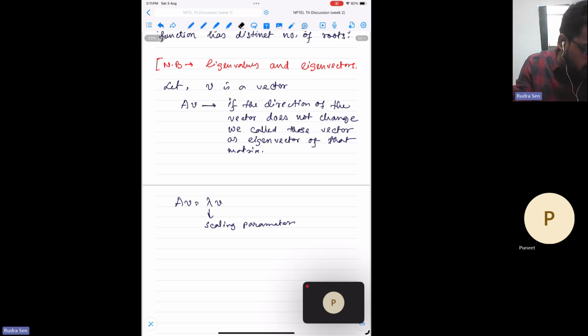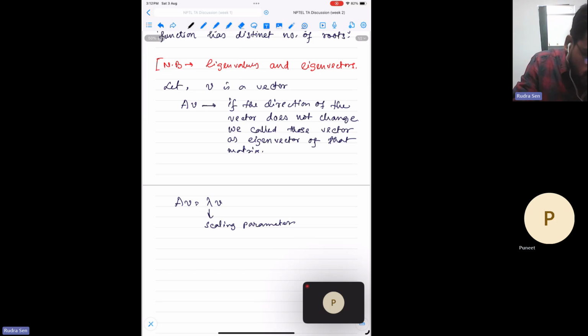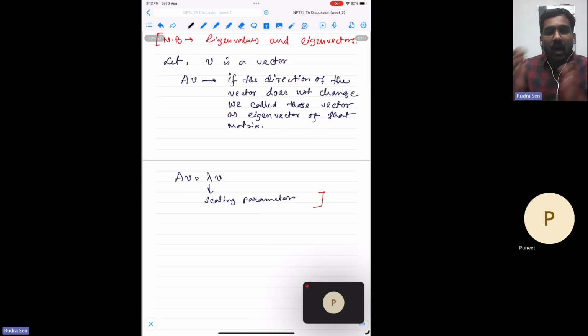In the successive classes, when you get to know about the similarity transformation, we will see that you can diagonalize the matrix if the matrix has distinct eigenvalues, because distinct eigenvalues give distinct eigenvectors.